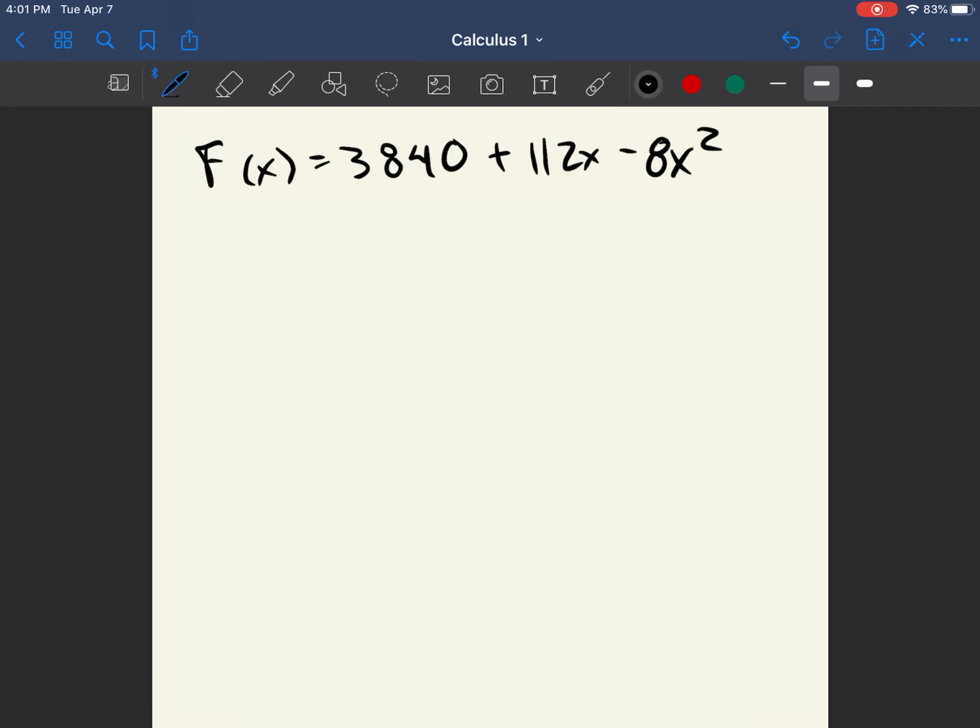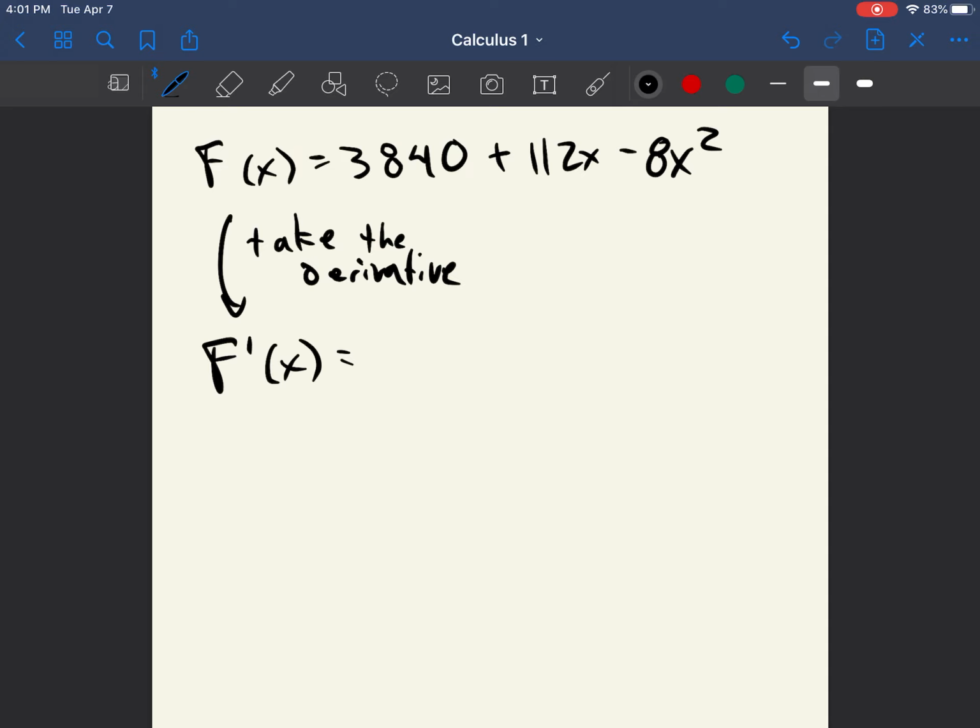Okay, so welcome back. So let's try to take the derivative here. Okay, so taking the derivative, so I like to write down what the step is that we're doing, right? So take the derivative. Okay, so we're going to get f prime of x equals, okay, so derivative of 3840, well, that's a constant, so that should be 0, right?